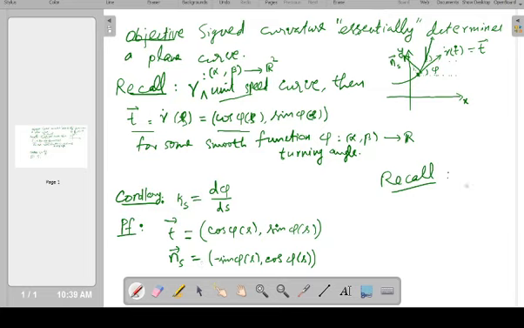So that is this vector. If this is the vector x comma y, then the vector perpendicular to this, obtained by rotating through an angle pi by 2 counterclockwise, is precisely minus y comma x.